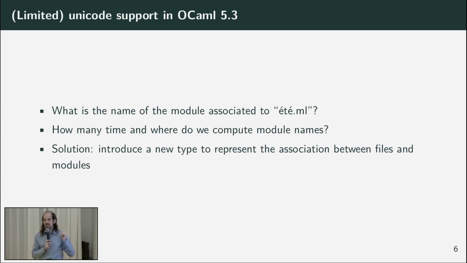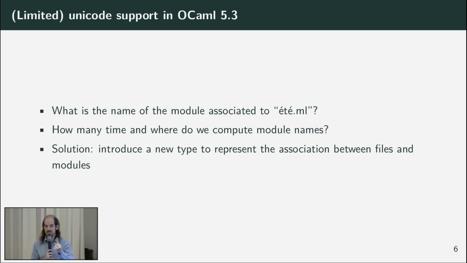But when we started to try to do that, the first concern was, well, wait, which module name do we associate to a file called et.ml? Because there are 4 different ways to write these strings in Unicode. Which one do you choose?